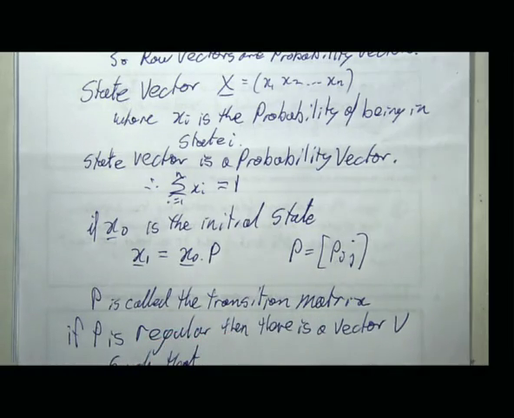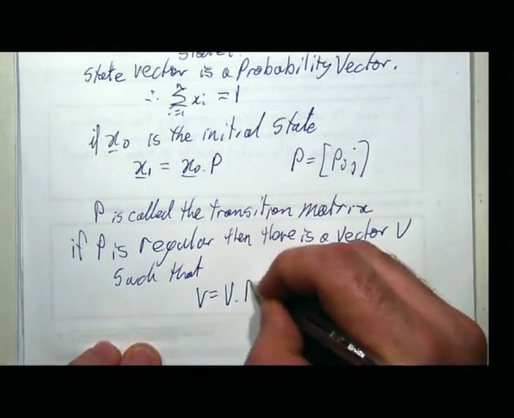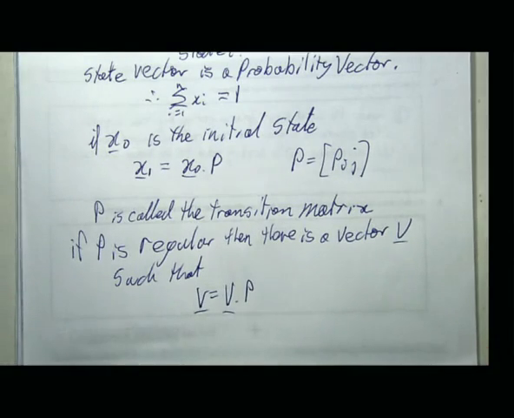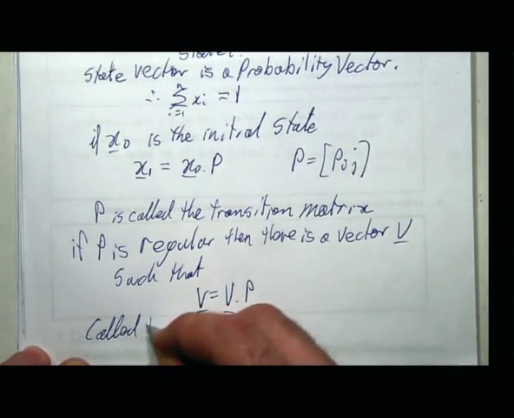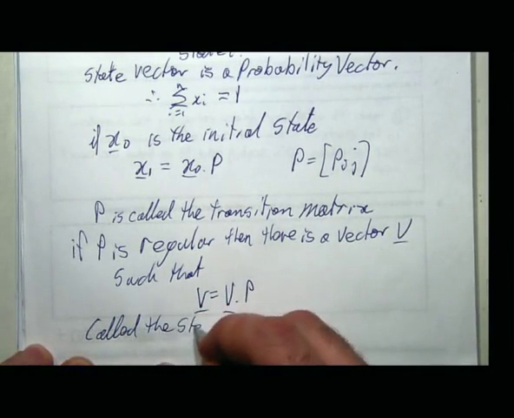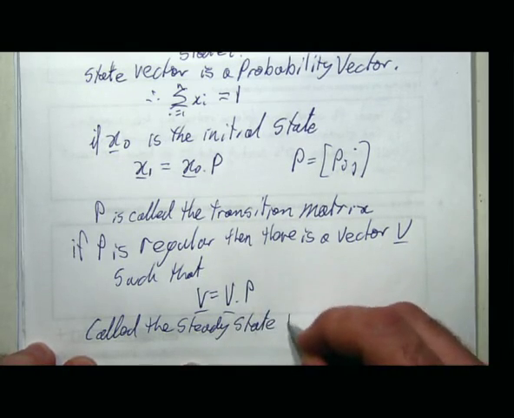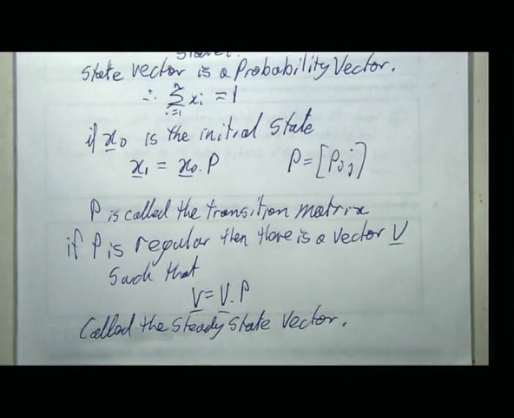So I'm actually paraphrasing your notes. So there's a vector. So it's important that P be regular so that you will get a steady state vector.